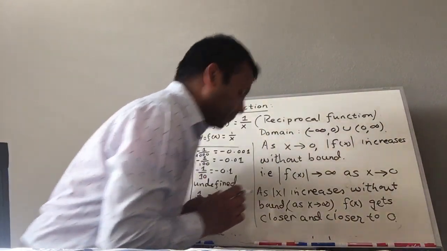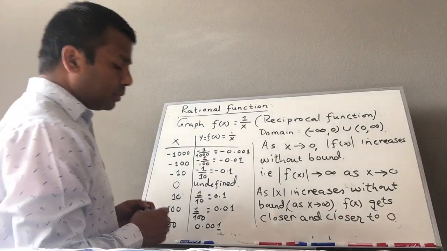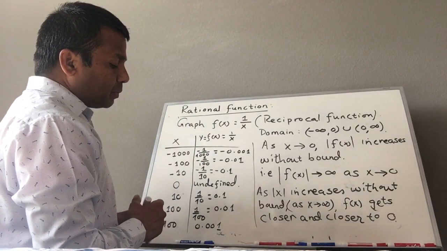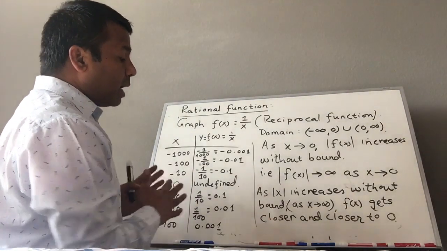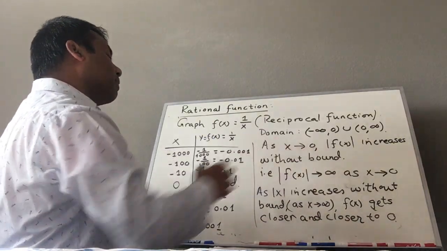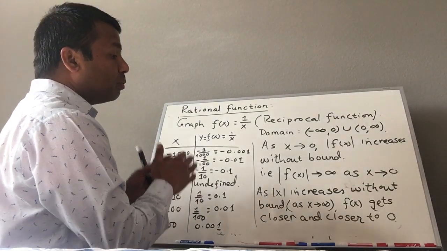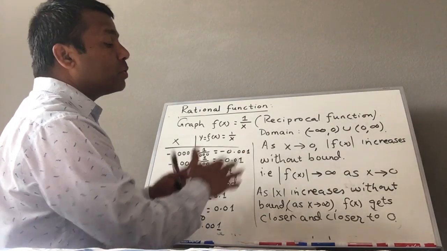So what does that mean? As the absolute value of x increases without bound, the graph of f(x) moves closer and closer to 0.